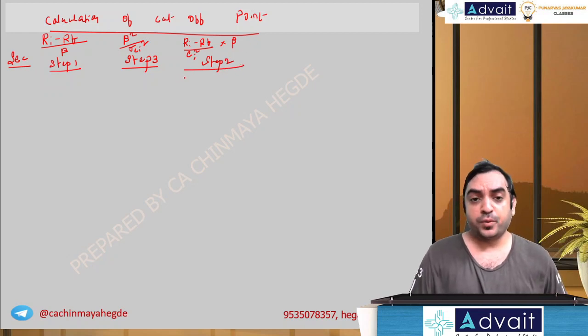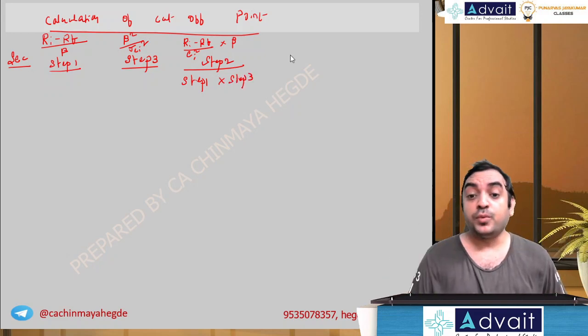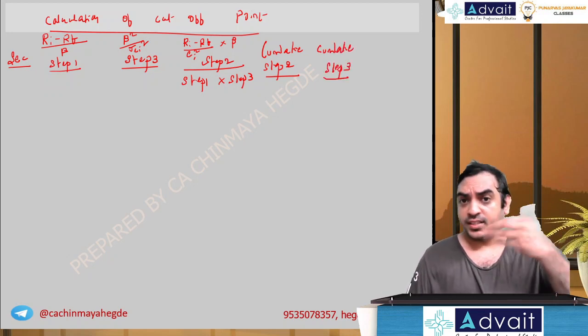We are going to follow a simple process, that is step 1 multiplied by step 3. I get this automatically. Then I will be doing cumulative step 2. I need some space in the column, so write down carefully. Cumulative step 2, then cumulative step 3, cumulative, you understand, one after the other.